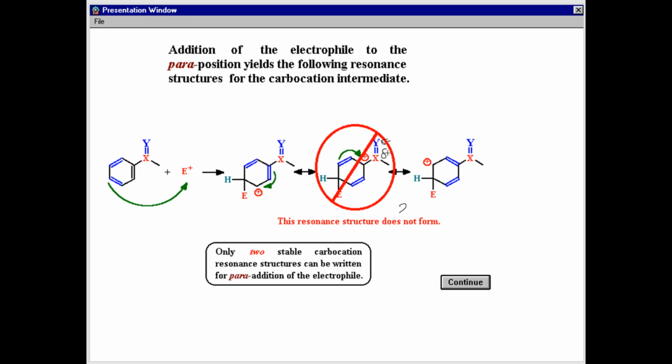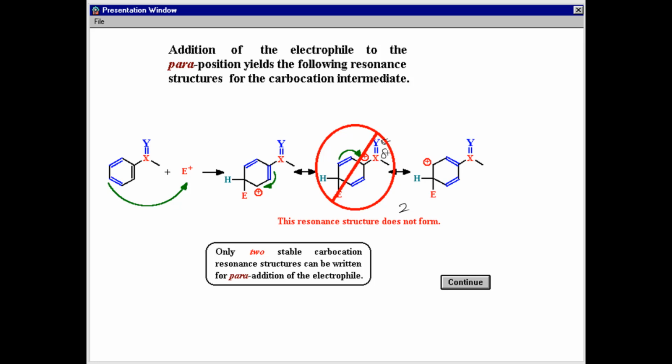And so then I'm back down to getting 2 resonance structures. So in this case, the positive charge being next to the substituent is bad. It causes that resonance structure to be unstable. Whereas when it was sitting next to a group where it could form a 4th resonance structure or a more stable tertiary carbocation, that was good. So that's our reasoning for why the deactivating groups of this form are meta-directors and the activating groups are ortho-para-directors.